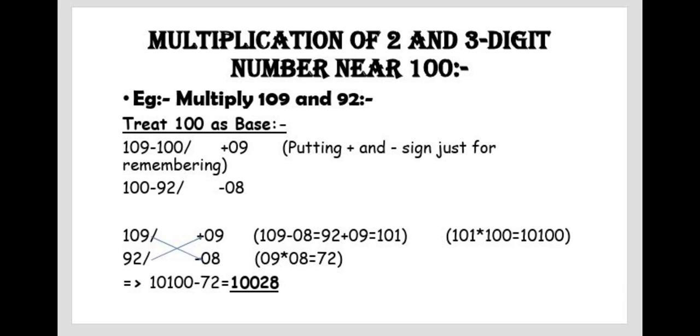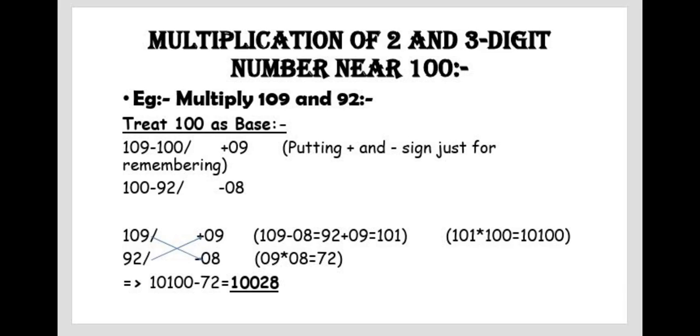Then next we will put a cross sign between these 4 numbers, 109, 92, 9 and 8, which denotes that 109 is for 8 and 92 is for 9. So we will subtract 8 from 109 and we will add 92 and 9 together, which will give us the same result, 101.